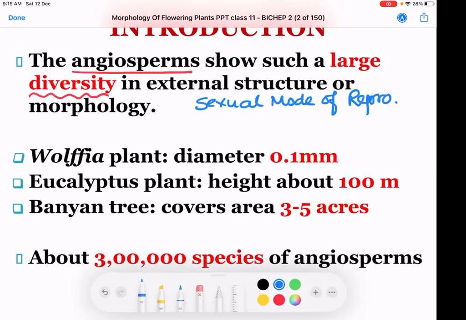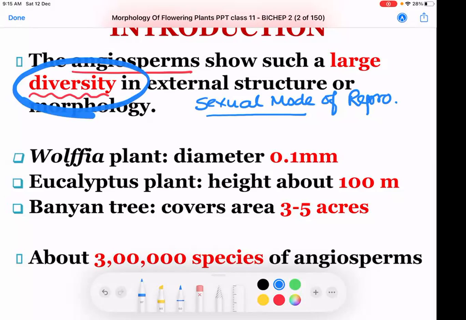I hope you remember that. So diversity is a chief feature of any organism which uses the sexual mode of reproduction, and that is why angiosperms show huge diversity, because they are producing sexually.